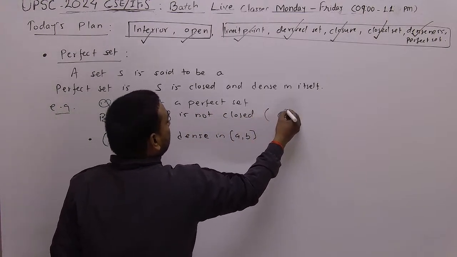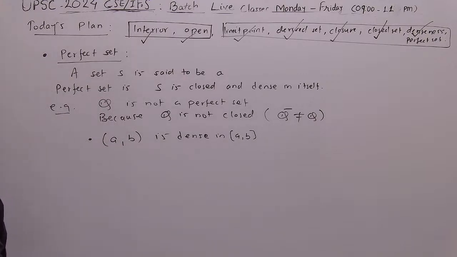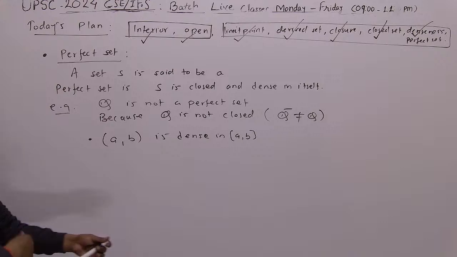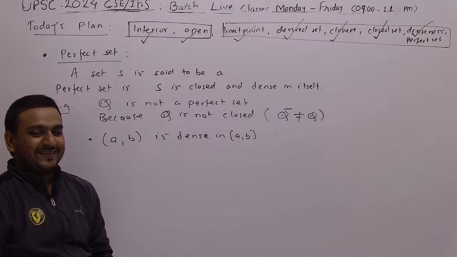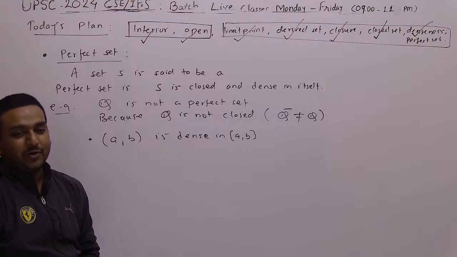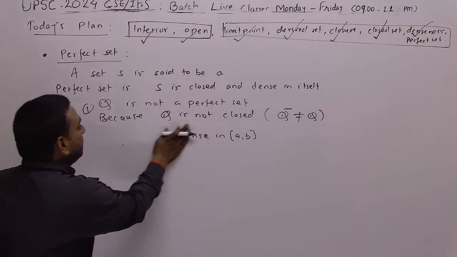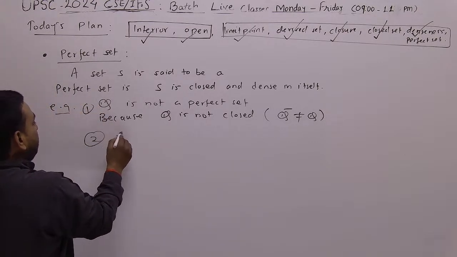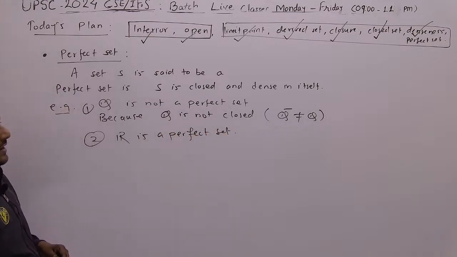We have already seen Q closure is not equal to Q. Perfect set, perfectly clear or not? R is a perfect set.